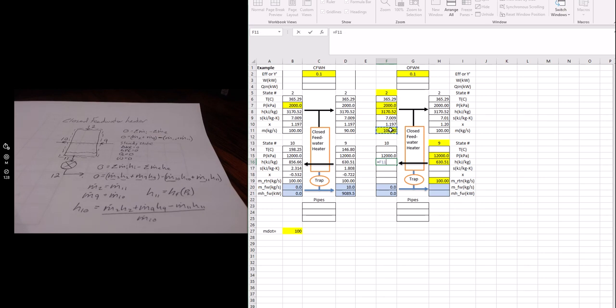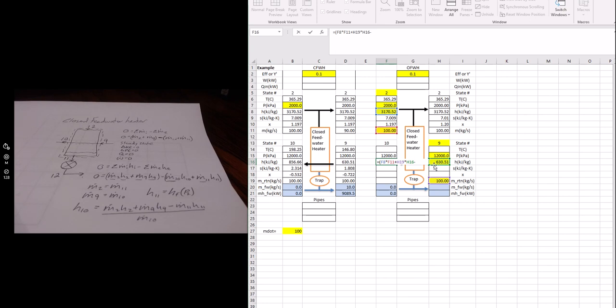M2, and we probably want to start a parenthesis here for my big numerator. M2 times H2, M2H2 plus M9H9 minus M11.